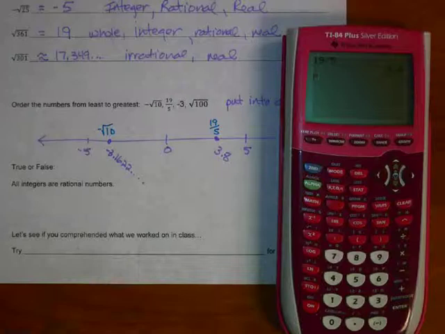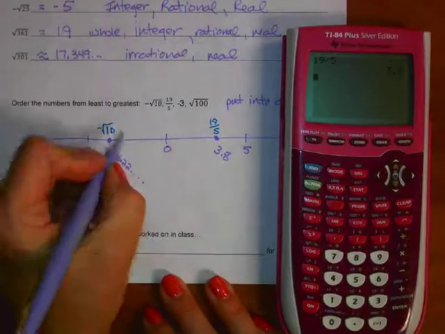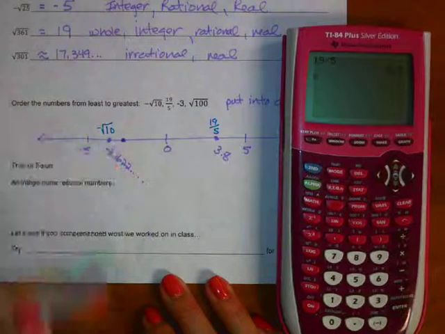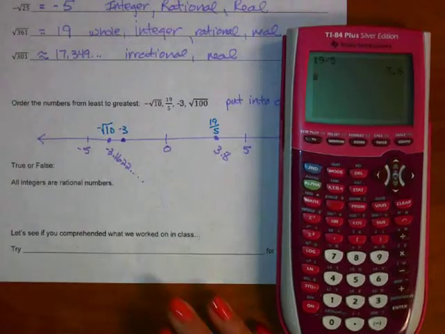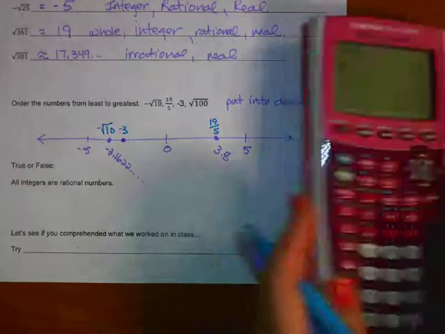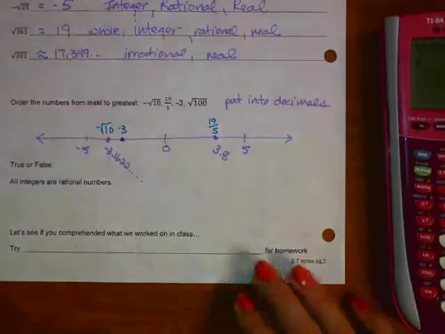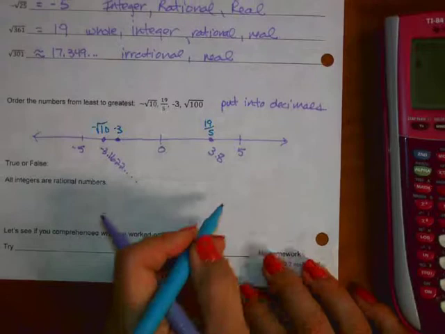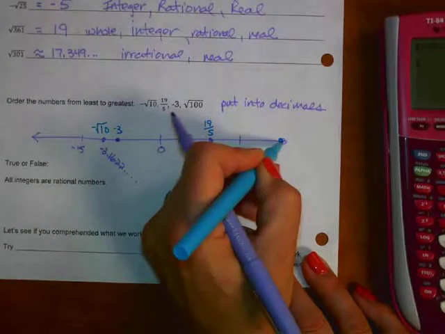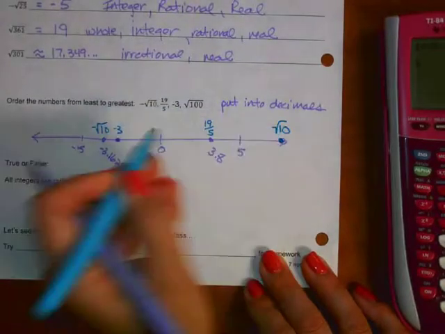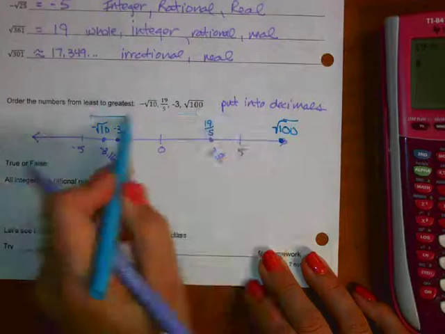And then we can put negative 3 in, which is right here, about. And what's the square root of 100? 10, right? So somewhere over here, I'm going to put the square root of 100.